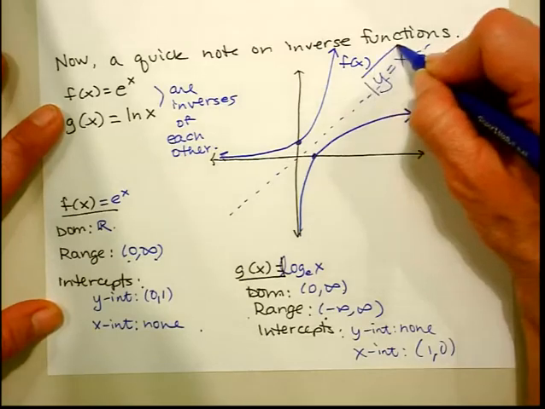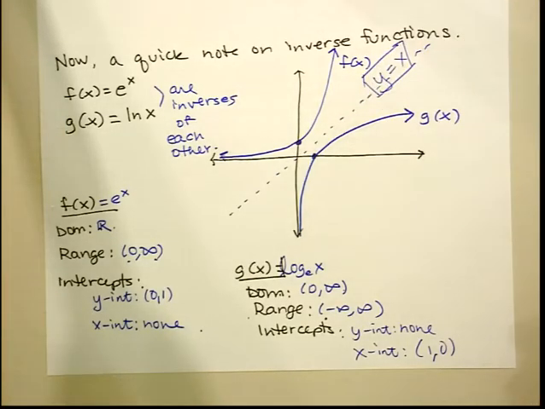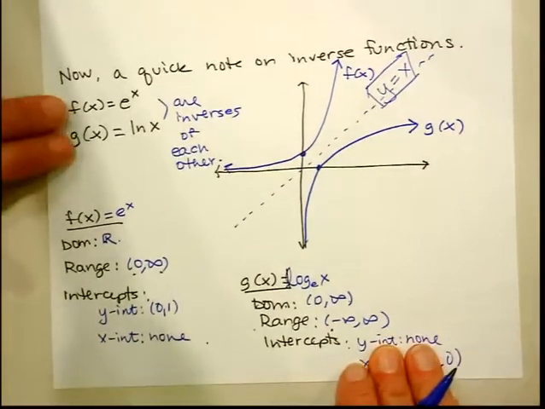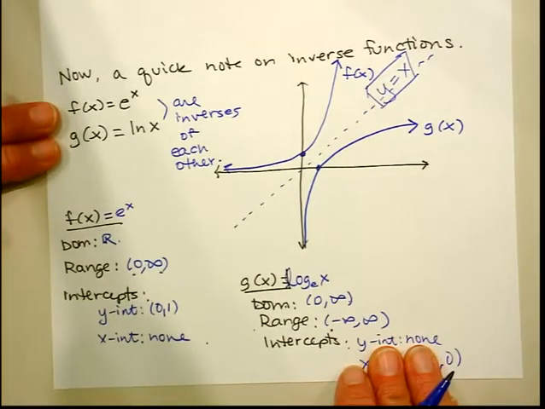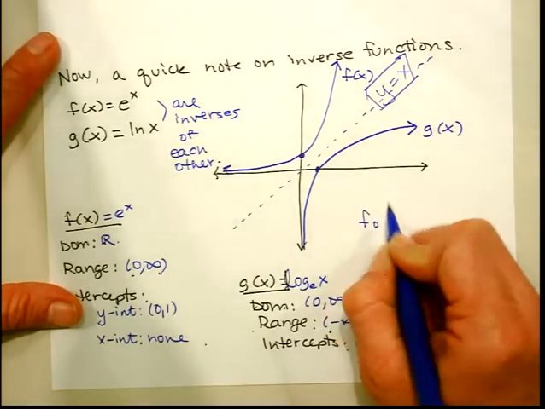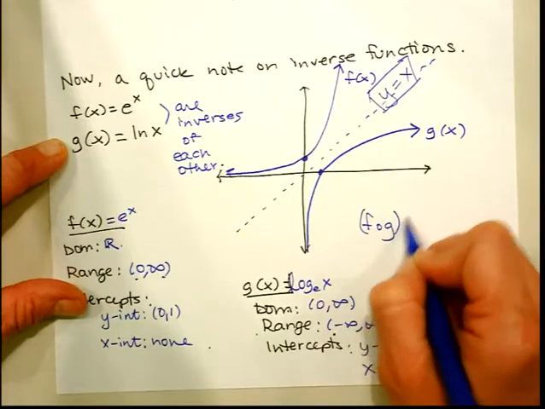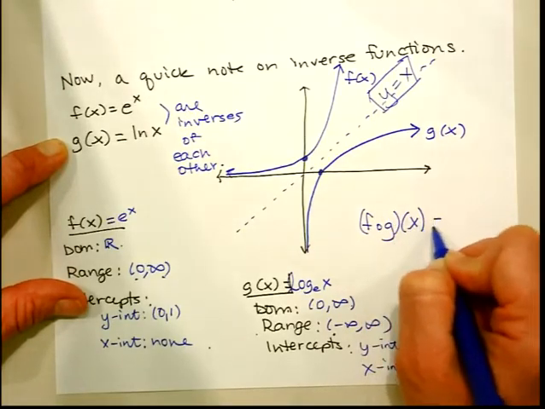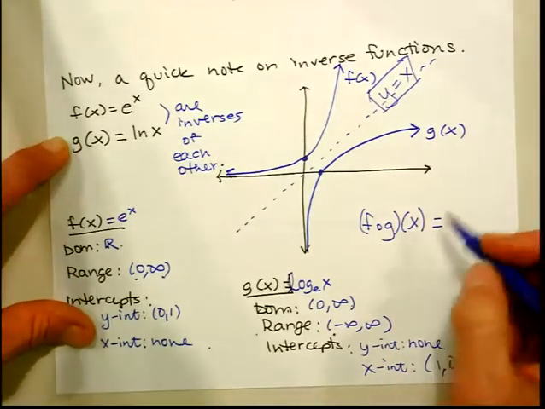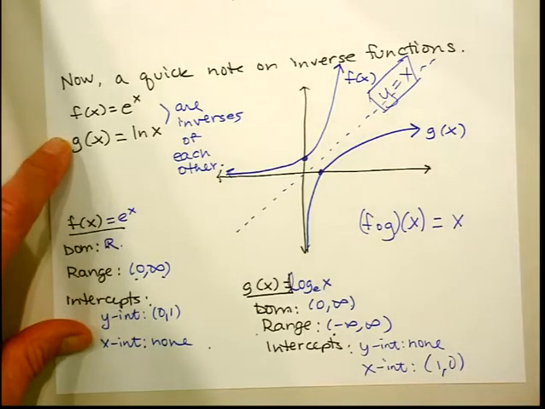Now, one more thing before I let you go, before I get on to my next section, because this influences our next section. What did we know if two functions are inverses and we do a composition? So f and g here are inverse functions. If we compose two functions that are inverses, you just get x out.